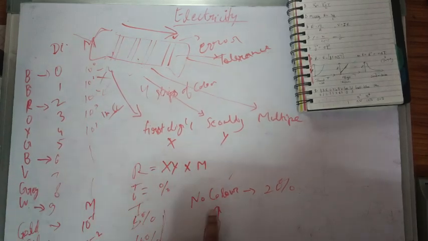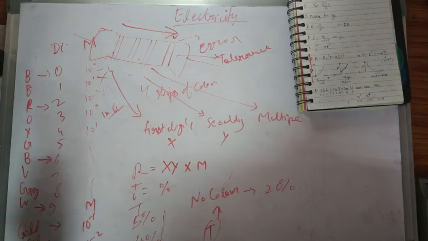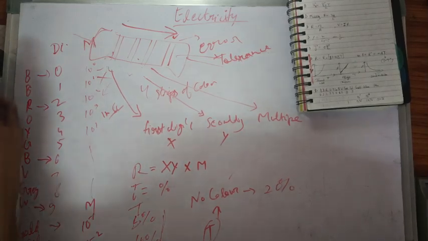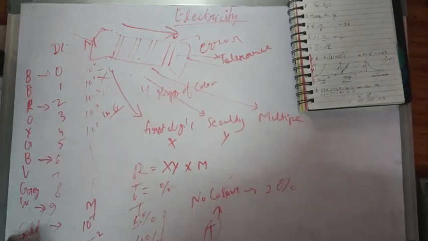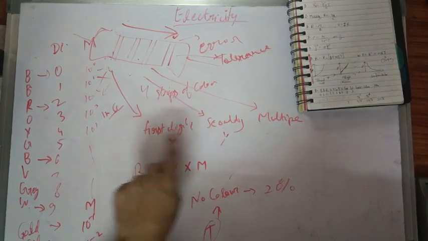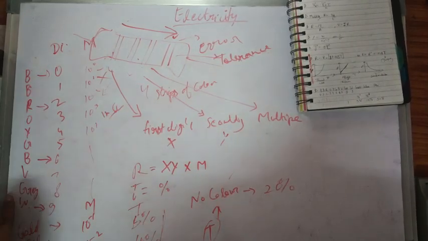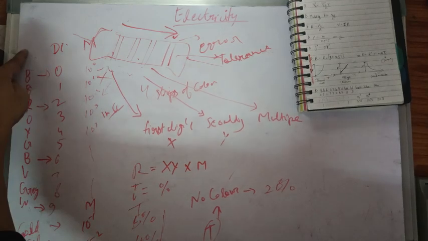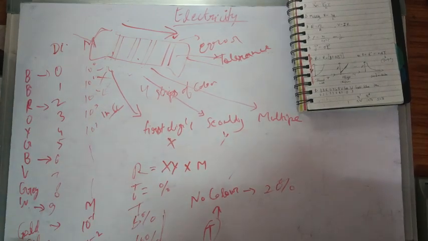Gold, silver and no color are used for tolerance. Gold, silver and all these are used for multiplier. Gold and silver are not used for resistance values, meaning the first and second digit is given by only these, the multiplier is given by all these, and tolerance is given by this and this.